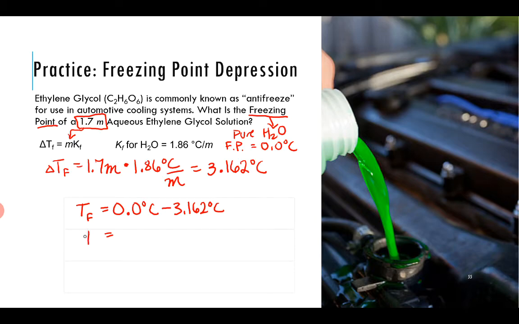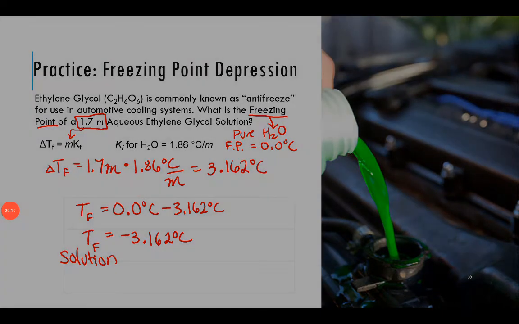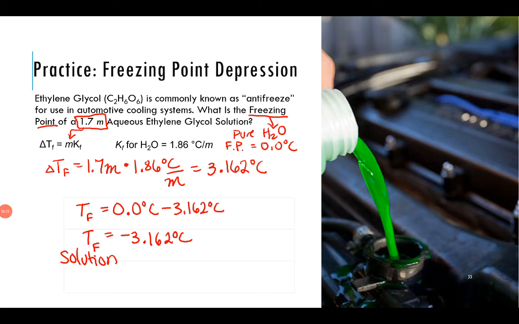And so my new freezing point of the solution will be equal to negative 3.162 degrees Celsius. Okay, so that was pure water's freezing point, by the way. And then we subtract the change to find the freezing point of the solution.